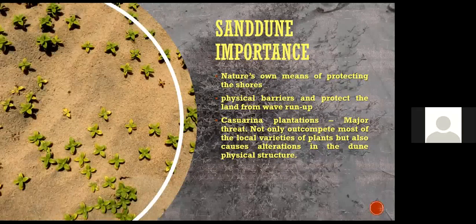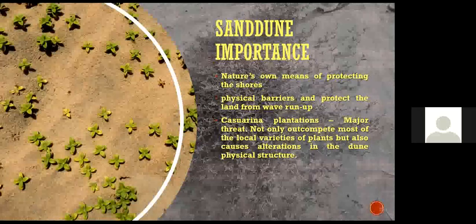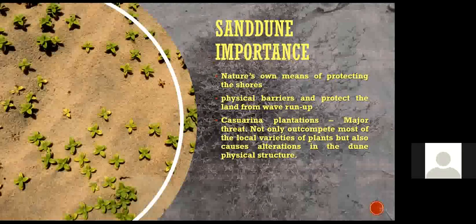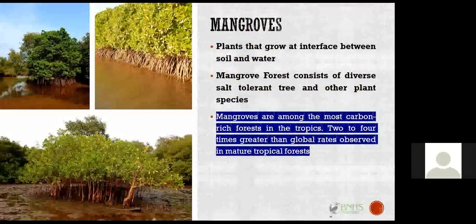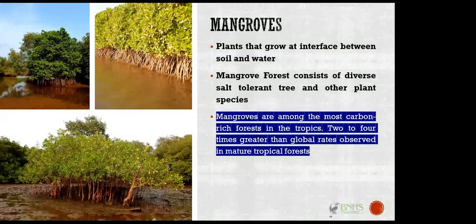Mangroves. You might have seen these plants growing along some dirty, muddy, swampy areas. But these are the most important forests we have on our shoreline.